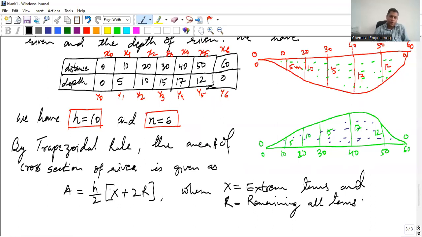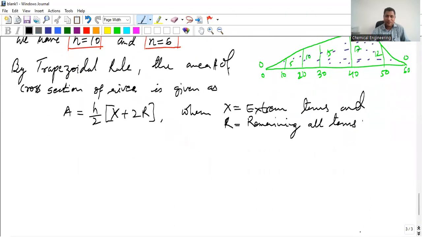Whenever we use any notation, we must explain what it means, because X is coming in all the formulas, and R is coming in two formulas, not in Simpson's 1/3.